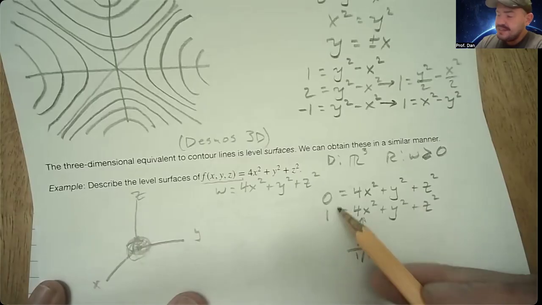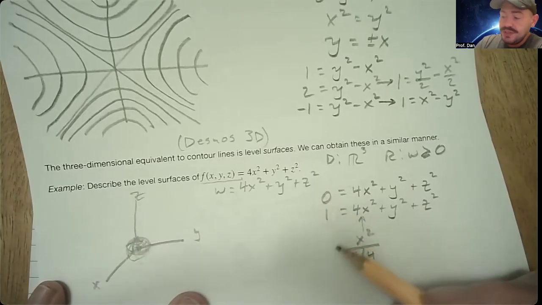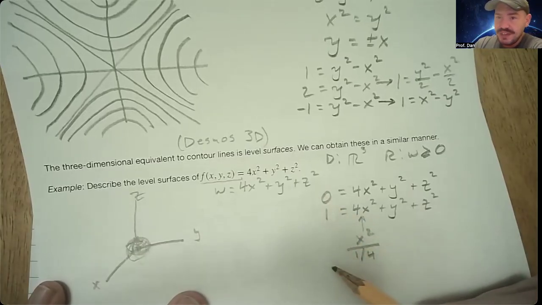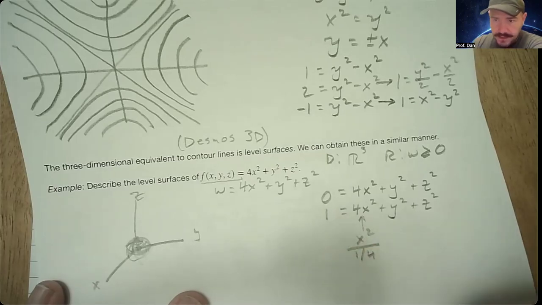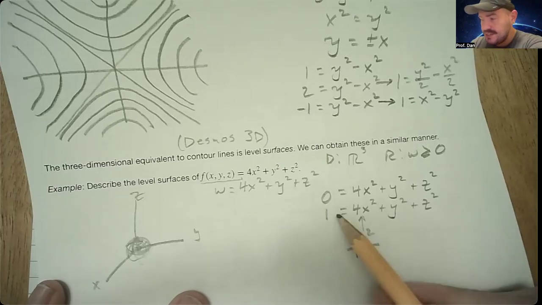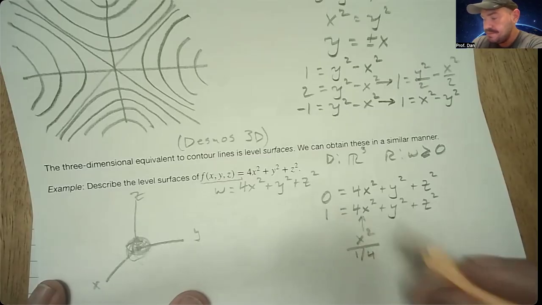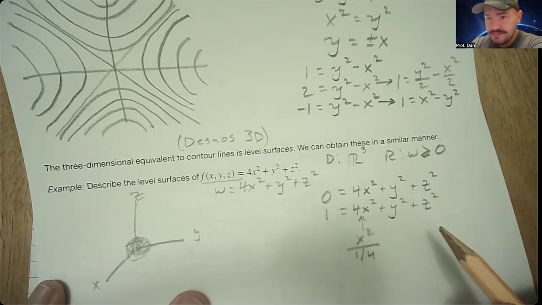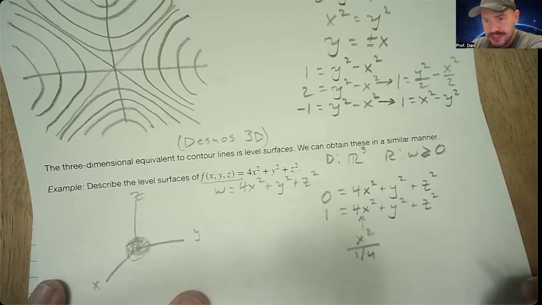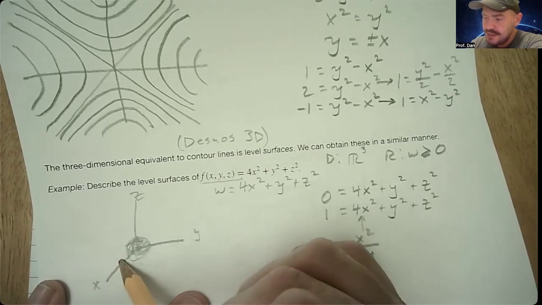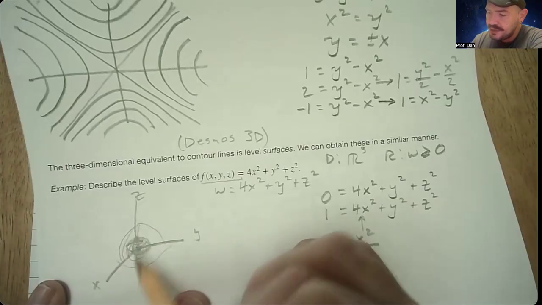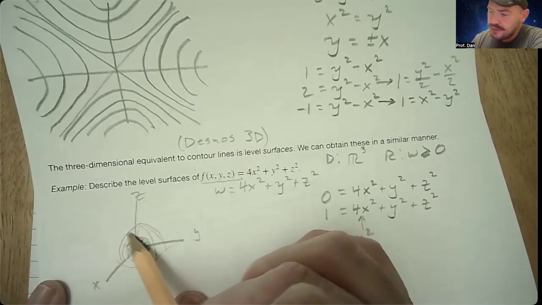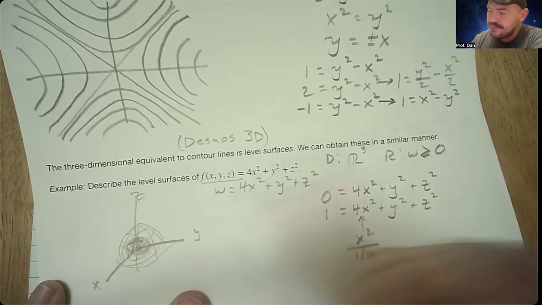If I were to let w be equal to 2, we would have to divide everything by 2 so that we get this in standard form. That would end up giving us basically another ellipsoid, but with different dimensions. So you have kind of an ellipsoid inside of an ellipsoid and a point inside of that.